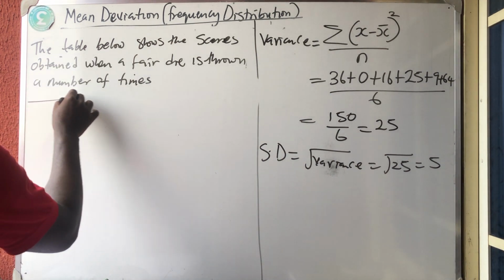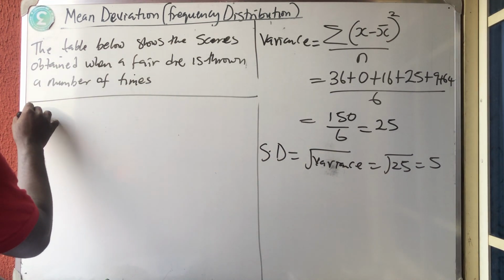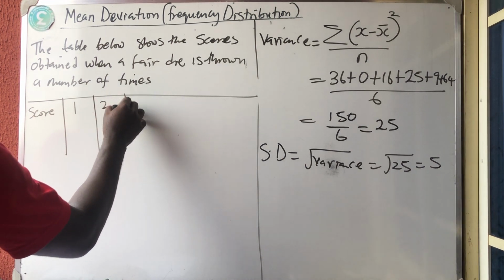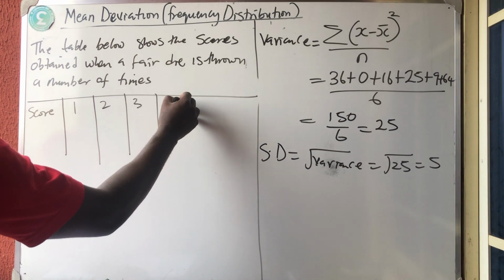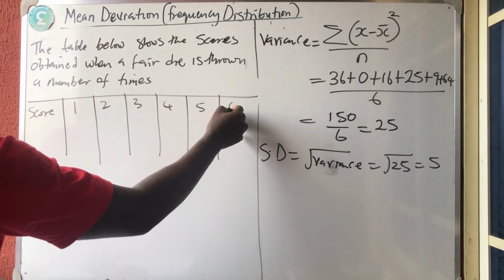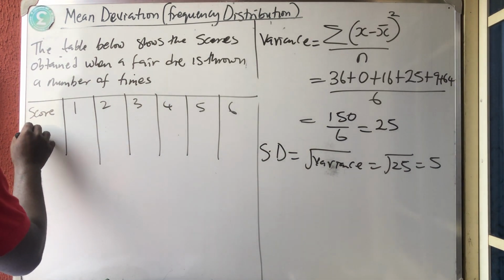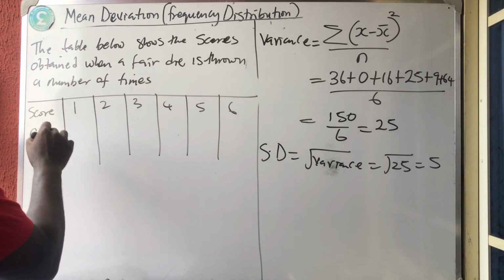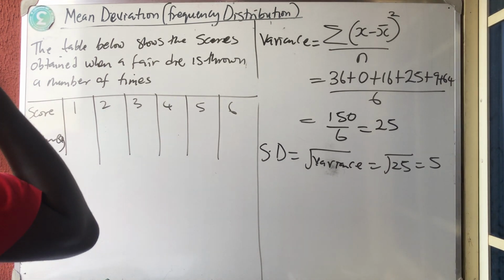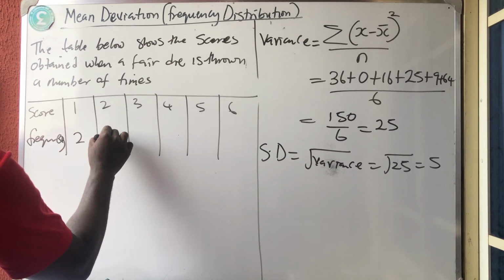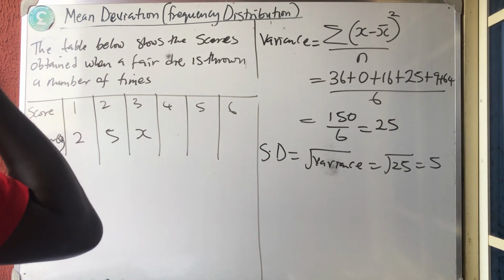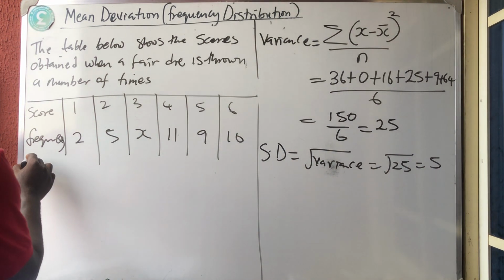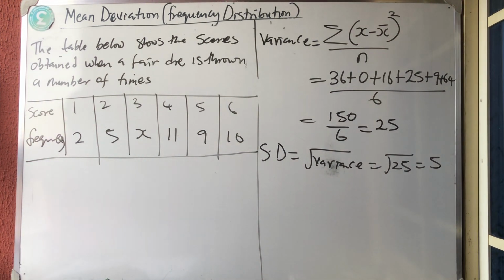They now give us score 1, 2, 3, 4, 5, 6. Then the frequency they gave us is 25, x, 11, 9, 10. So this is the frequency distribution table they gave us.